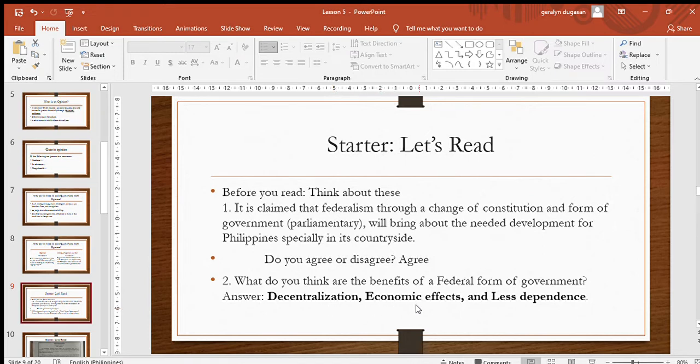In economic effects, this federal system allows governments to have more power over their resources, and less dependence would lead to less dependence on other areas like Metro Manila when it comes to finding jobs and establishing businesses. The positive side of these particular aspects is that the country's wealth will be more evenly distributed among state governments.